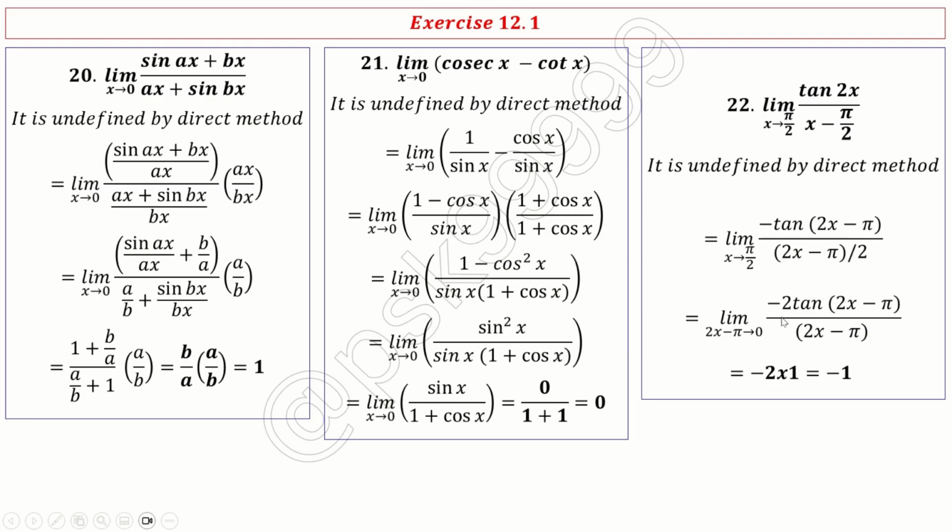Now if x is tending to pi by 2, 2x minus pi will tend to 0. So minus 2 tan(2x minus pi) divided by (2x minus pi), which is nothing but minus 2, and this value is 1. So minus 2 into 1, sorry, it's not minus 1, it is minus 2 is the answer. Next.